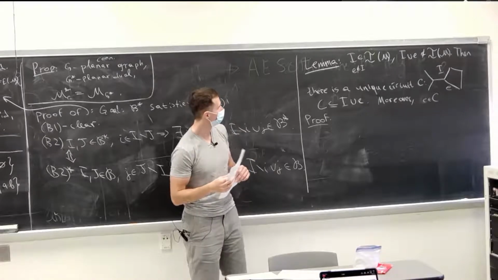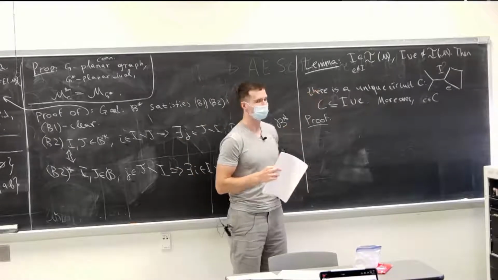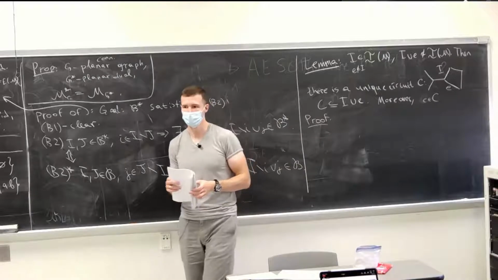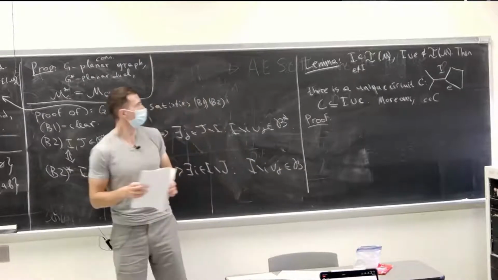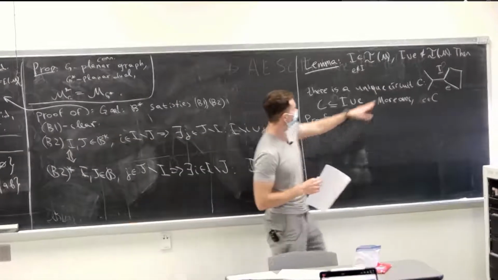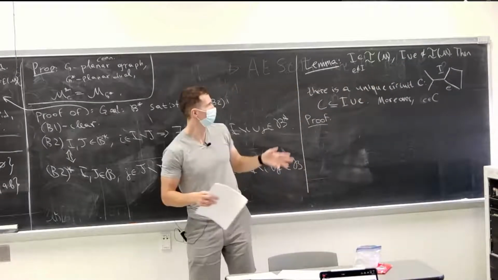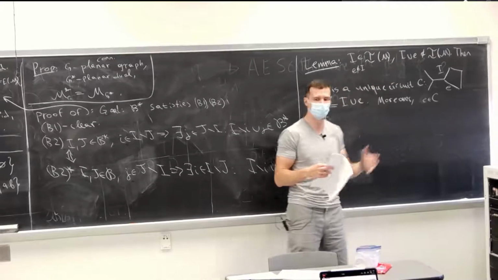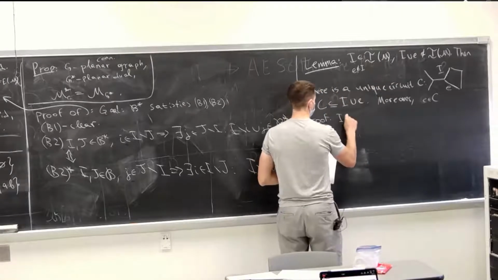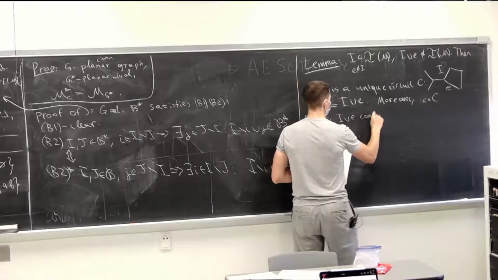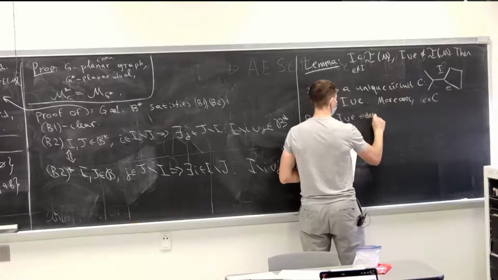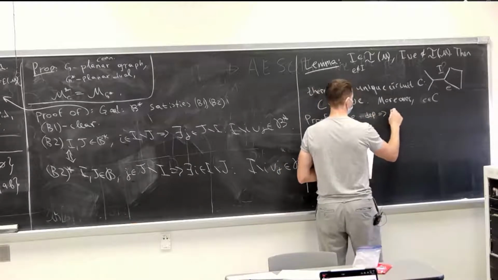First of all, why does there exist a circuit? Because this set is dependent. Circuits are minimal by inclusion dependent sets, so I union E is dependent, therefore contains a circuit.